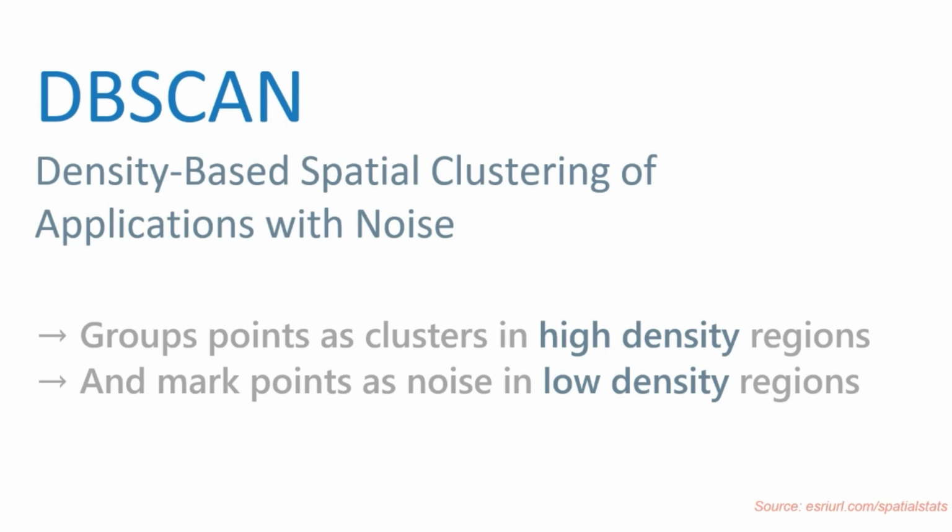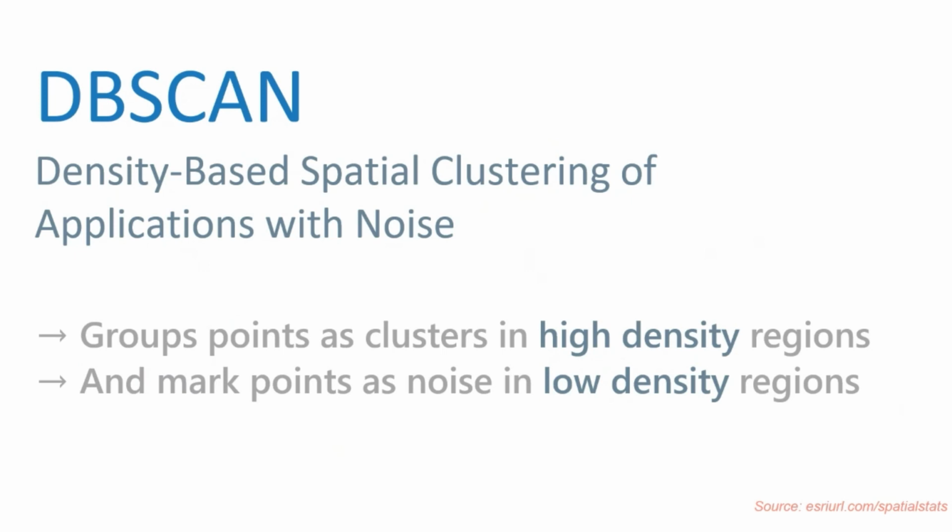So DBSCAN stands for density-based spatial clustering of applications with noise. What it does is it groups the points as clusters wherever it finds a high density region. If your point is in a low density region, it will mark them as noise. So if you remember in our previous statistics, we were talking about neighborhoods, right?